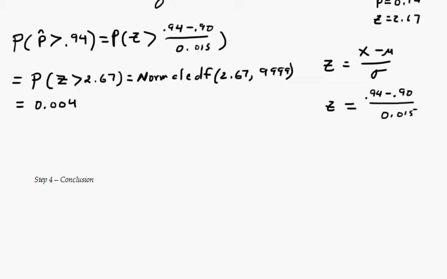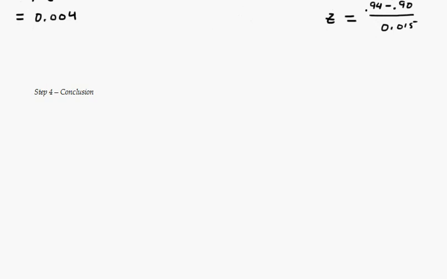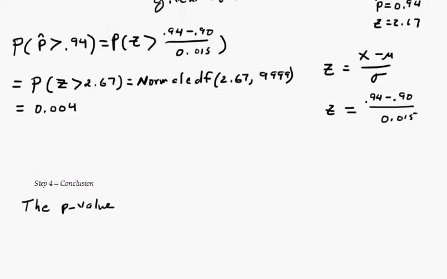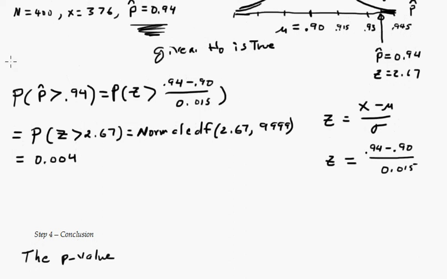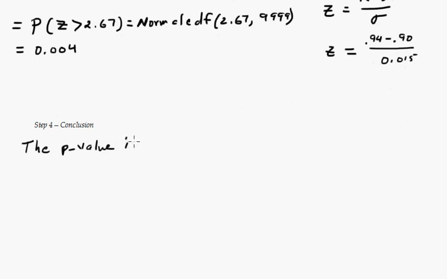Okay, so the way we would do this is we would say something like this. The p-value, and I guess I forgot to mention that up here, the p-value is the probability of getting this sample statistic given the model is true. So the p-value is very small.